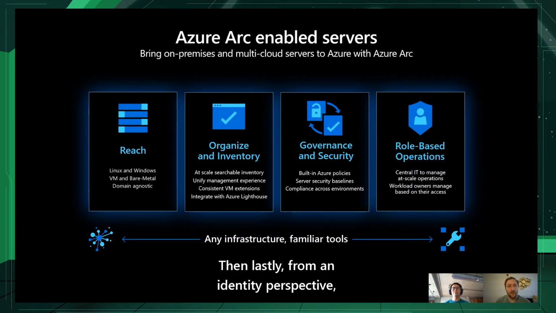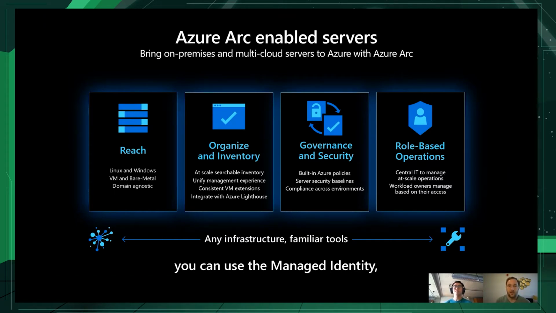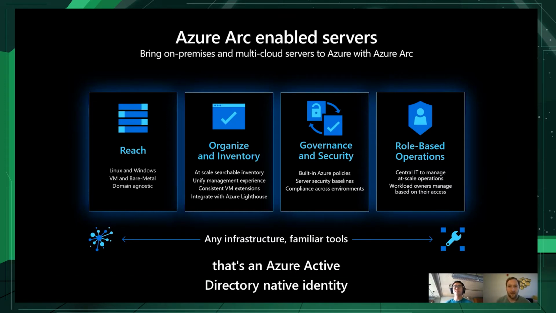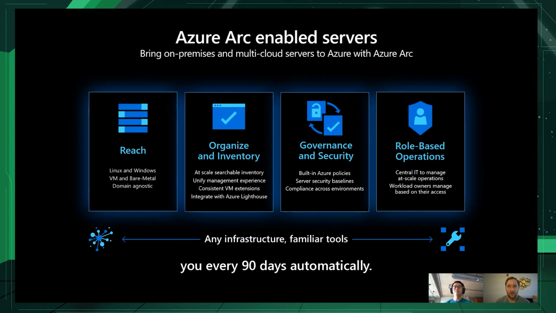And then lastly, from an identity perspective, if you're developing applications that talk to other Azure services, so for example, if you're a developer with secrets that your app needs to retrieve from an Azure Key Vault, you can use the managed identity. That's an Azure Active Directory native identity made available on that machine, where we take care of rotating that password for you every 90 days automatically.